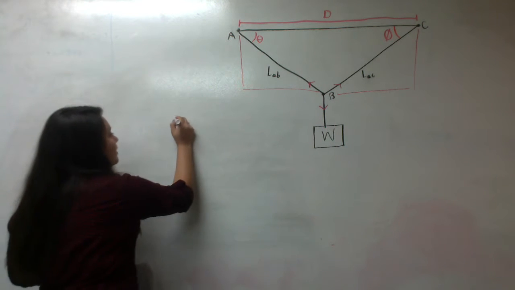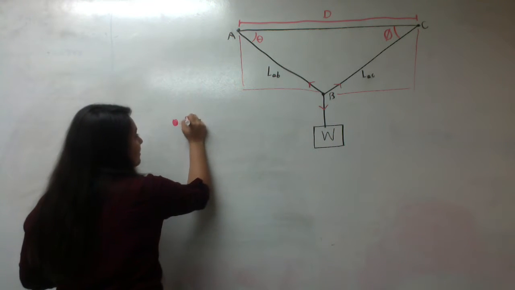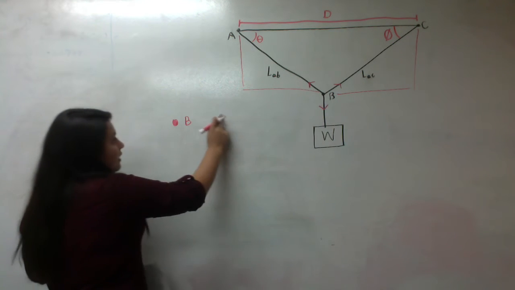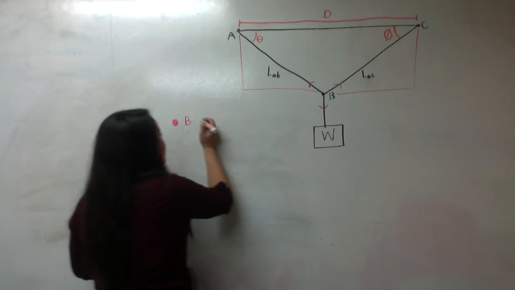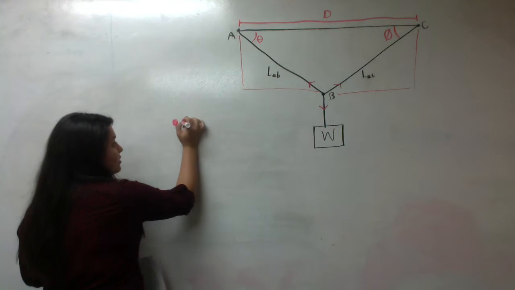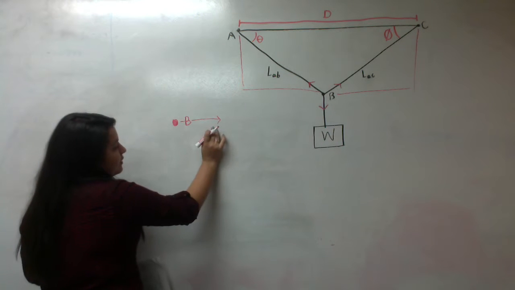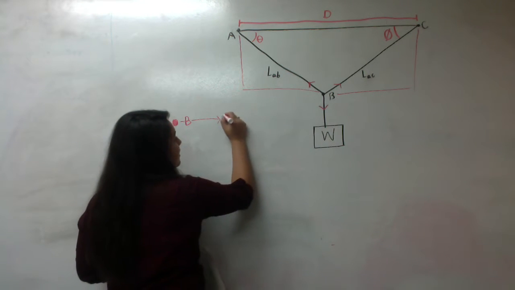So if we draw a free body diagram, we have this point B, where all the tensions meet. And if we separate this into x and y components in order to get two equations to solve for both tensions, we have this positive x component, which is the tension.